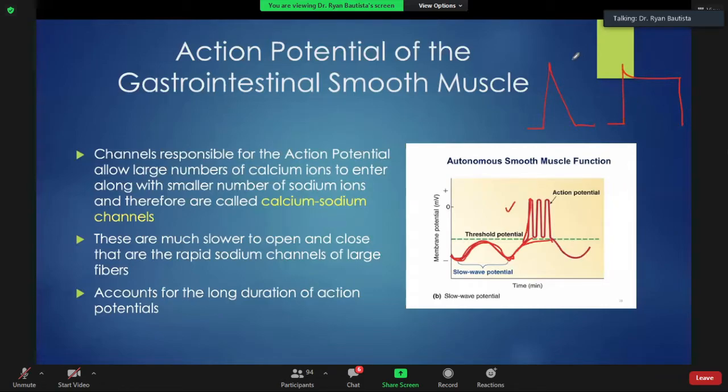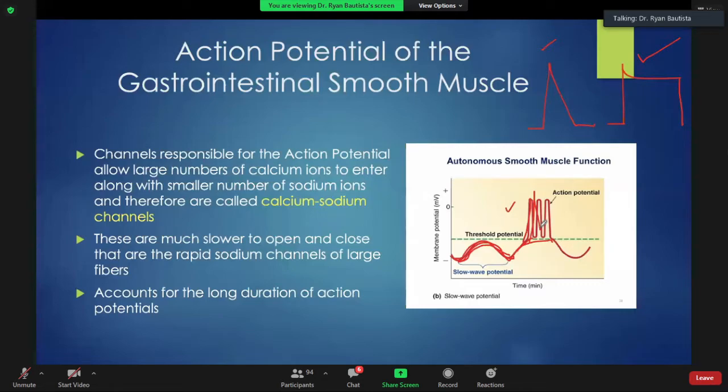So this is for skeletal muscle. For smooth muscles in your GI tract, you have what we call your slow wave potentials, and then a stimulus will come in, whether it's acetylcholine or stretching, and then you will have what we call your spike potential. And that's the time you will have a contraction of your smooth muscles.